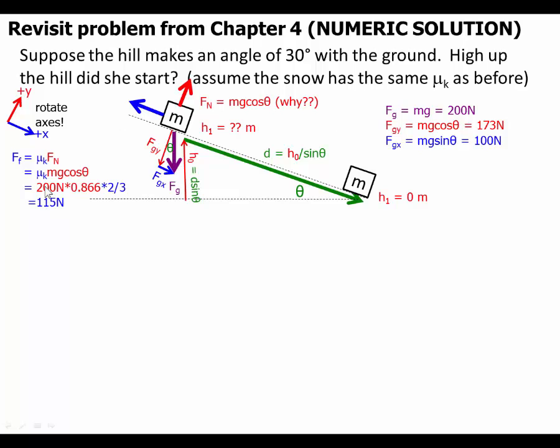I've worked out some numbers here, and now we've got a rotated axis because we do have gravity acting down and this box is sliding. We still have a 200 Newton gravitational force, and I've broken that out over here. This angle is 30 degrees, and so this angle is the same 30-degree angle here, so we can work out FGY and FGX to get our normal force of 173 newtons, Fn, and our force going down the hill is 100 newtons.